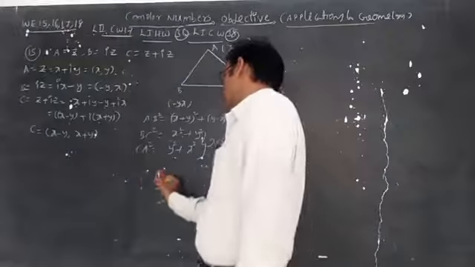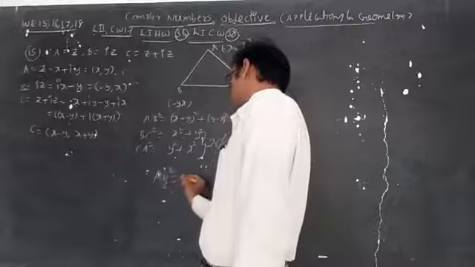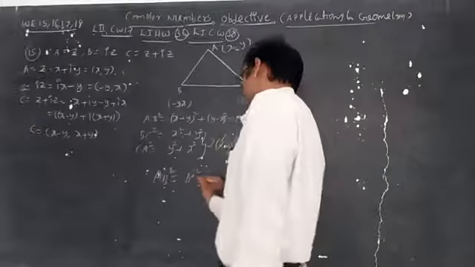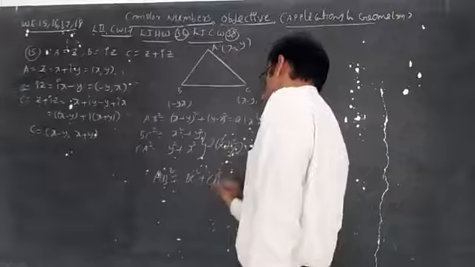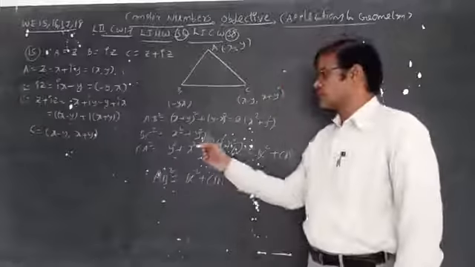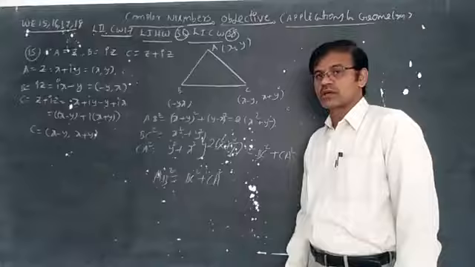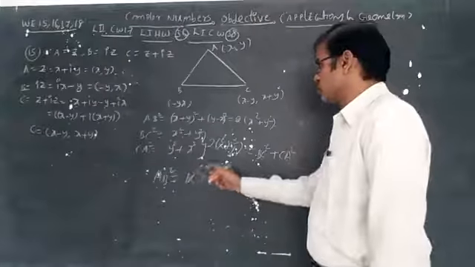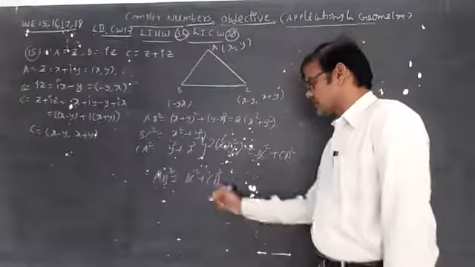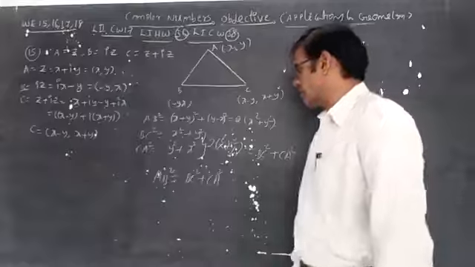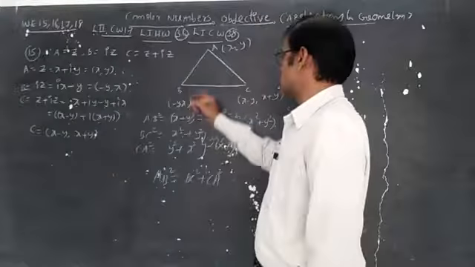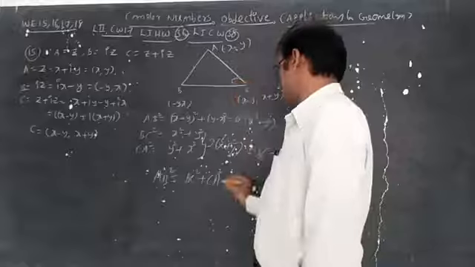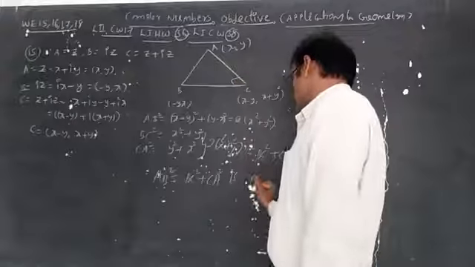Therefore, AB square can be written as BC square plus CA square. Here x square plus y square and x square plus y square are both equal, and we proved the formula AB square equals BC square plus CA square. So with the common letter C here, AB square is the hypotenuse. So triangle ABC is a right angle triangle, angle C is 90 degrees.